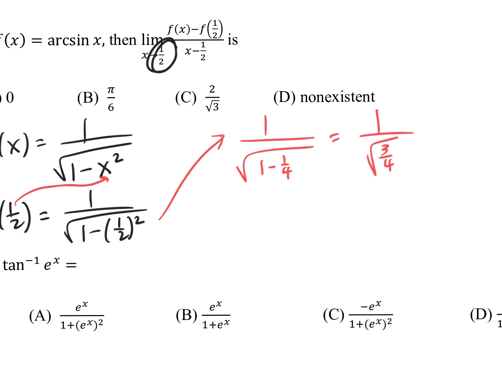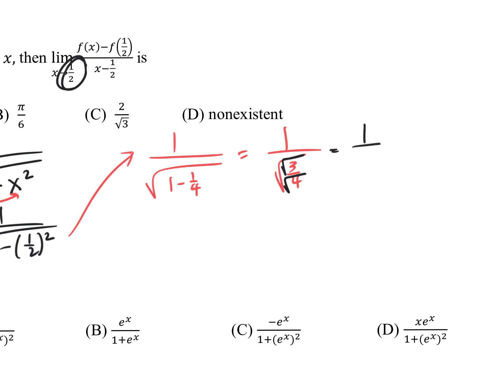Root 3 over 4 is the same as root 3 over root 4. And we know root 4 is 2. 1 divided by a fraction is the same as 1 times the reciprocal. Is that an answer? Yes.